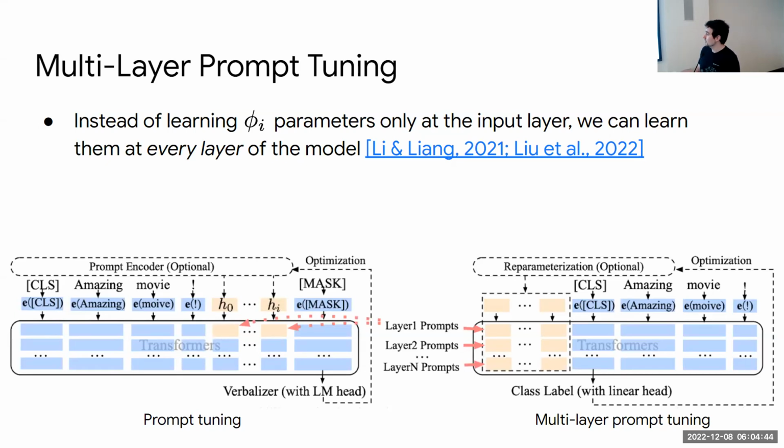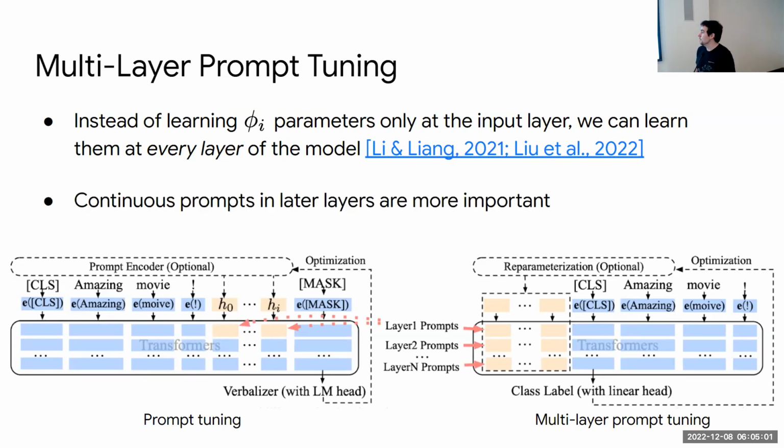In contrast, in multi-layer prompting, we provide additional tunable prompts at every layer of the model. So we're not computing all of the prompt parameters based on just the initial parameters, but learning all of these multi-layer prompts as well. Studies that use multi-layer prompts have shown that including the prompts, particularly at the later layers, is more important because, as we know, in the later layers these models are more important to adapt.